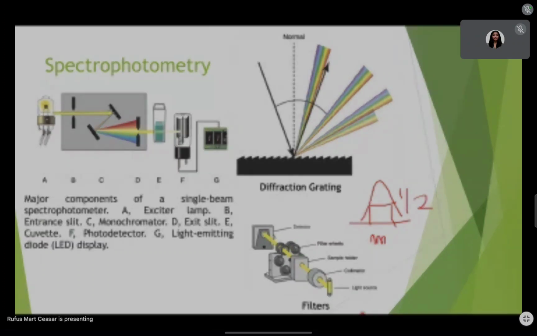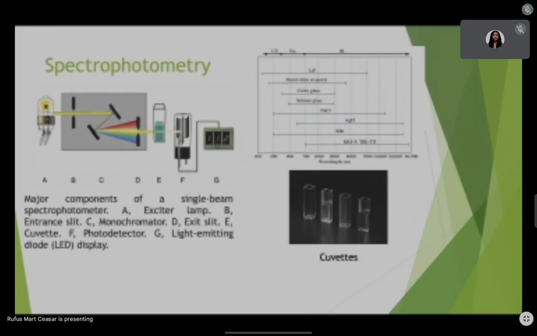So, these wide bandpass filters are not used in most spectrophotometric applications. So minsan, bukod sa filters sa diffraction gratings, gumagamit din tayo ng prism. Kung nakita na kayo sa physics again, diba meron yung prism, yung triangle. Tapos nagse-separate din yung wavelengths ng light doon.